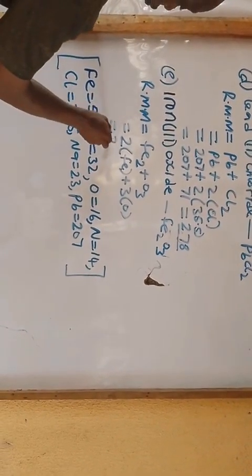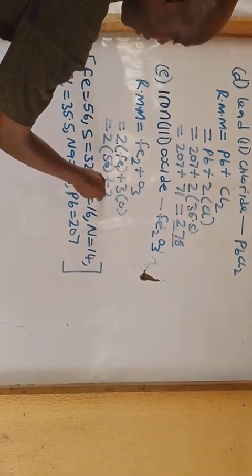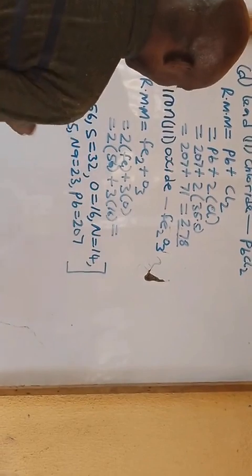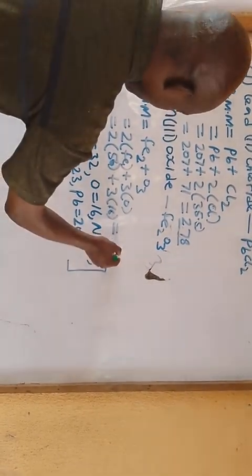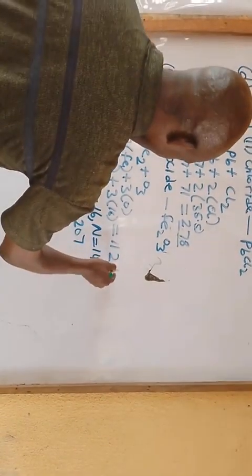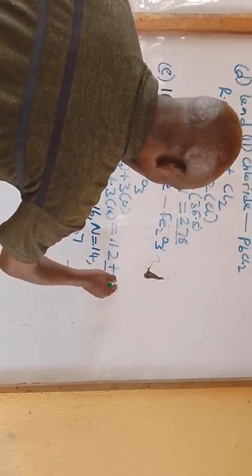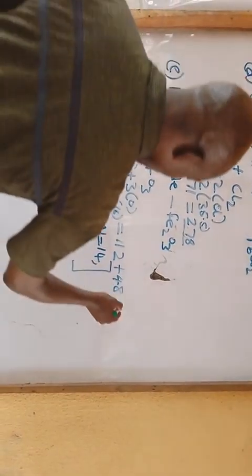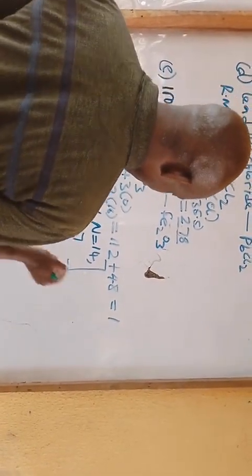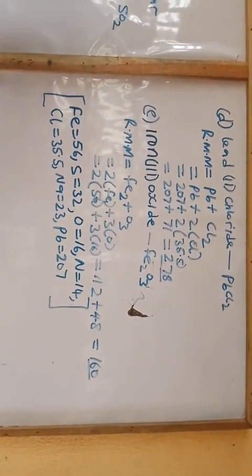So that will give us 2 times iron, which is 56, plus 3 times oxygen, which is 16. 2 times 56 gives 112. 3 times 16 is 48. 112 plus 48 will give us 160. So that is the relative molecular mass of iron 3 oxide.